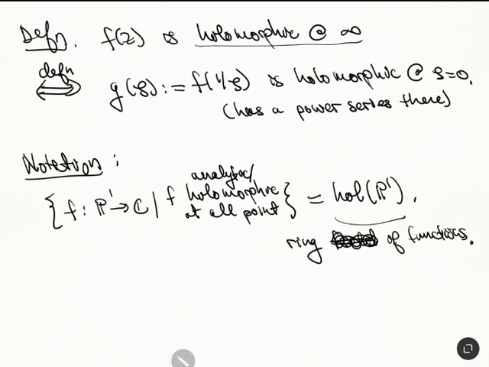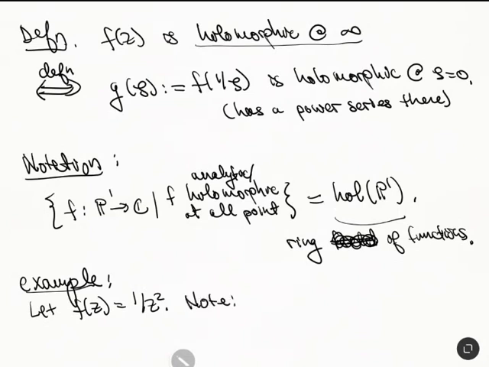So let's consider an example. If we let f of z be 1 over z squared, this is a meromorphic function on C. But note that here g of zeta is f of 1 over zeta.